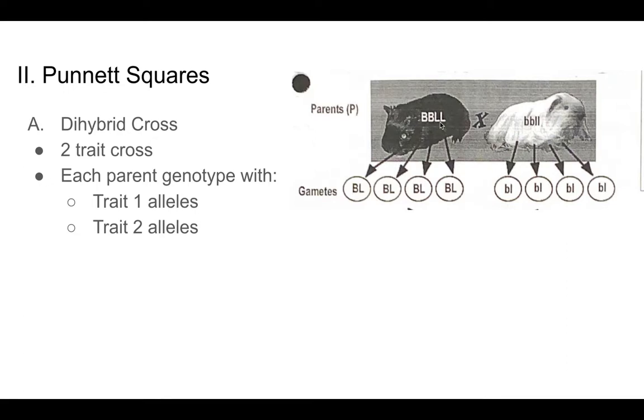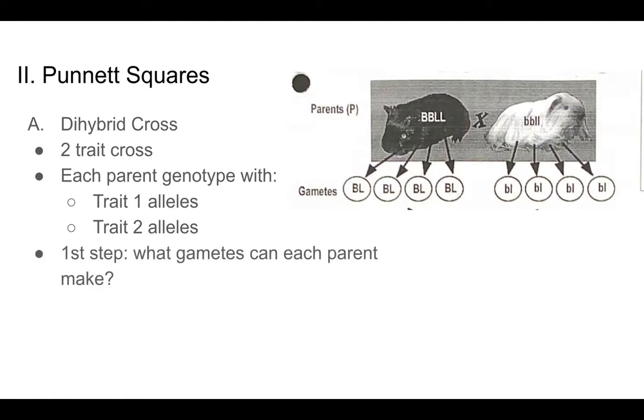Keep in mind that when we look at dihybrid crosses, the genotype of the parents has to be 4 letters long instead of 2. We saw 2 letters in the genotypes with monohybrid crosses. Now we see 4 because we're looking at 2 different traits in the parent.